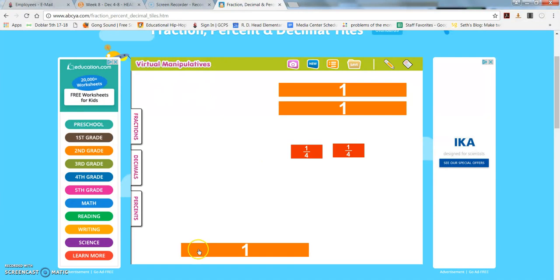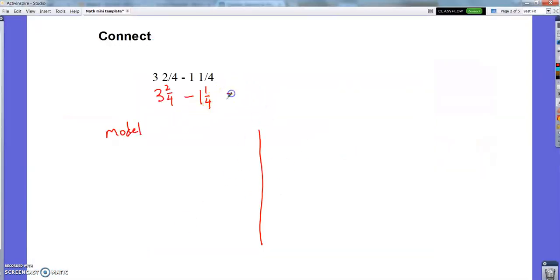Take away 1 1/4. What am I left with? 2 1/4. That's how we modeled it. So we drew it or we used the bars.